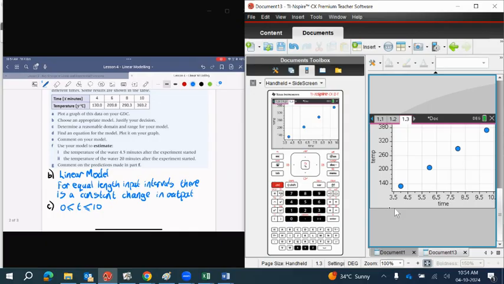So maybe for our model, we can't be using 0 at this point. We've only got information from what happens between 4 and 10. So we can only say that the y values, which are the temperature, are between 130 and 369.2. If you have a question like this one, it's best to take the domain and range from the table, because that's all the information that we have.